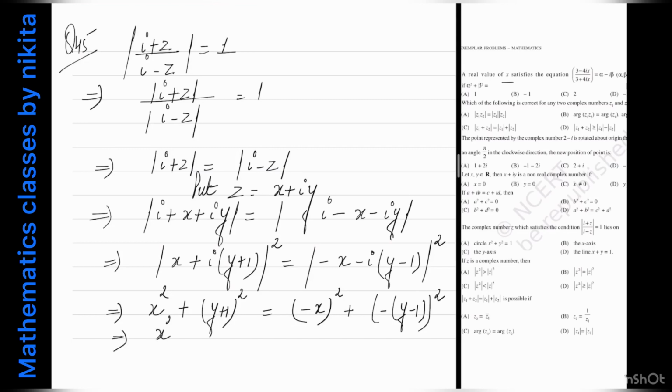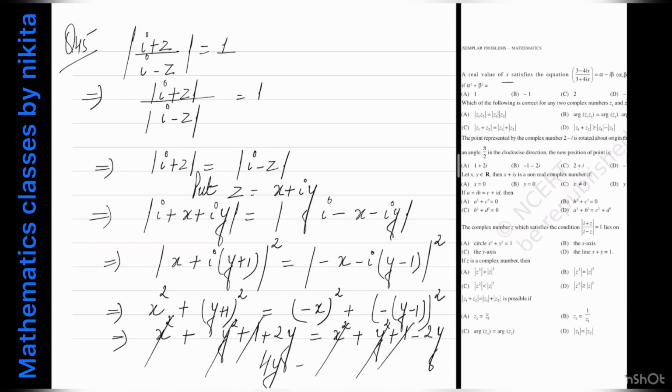That x square plus y square plus 1 plus 2y is equal to x square plus y square plus 1 minus 2y. Now you can cancel out x square, y square with y square, and 1 with 1. So you will be left with 4y equal to 0.